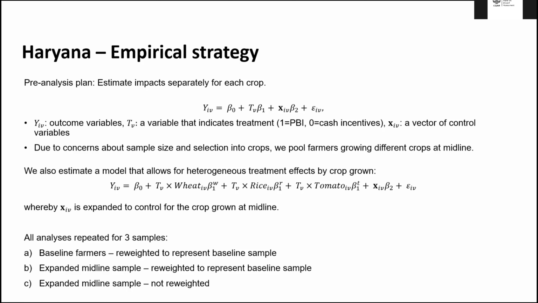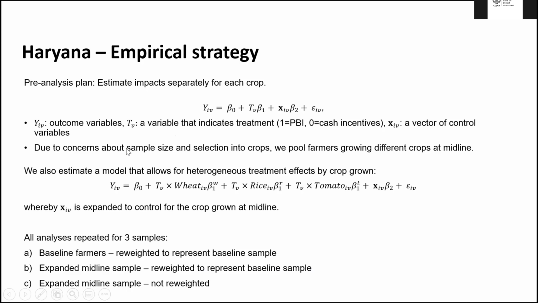So we estimate a simple OLS equation, whereby here we see outcomes as a function of the treatment, a simple dummy, and a vector of control variables, including those time invariant characteristics that are imbalanced in the midline survey.